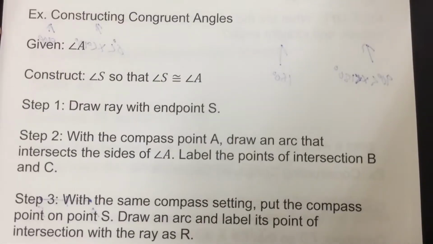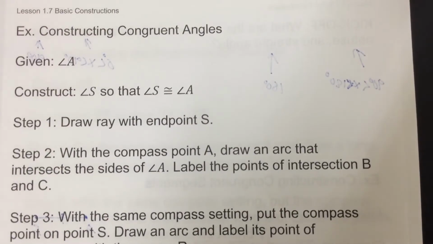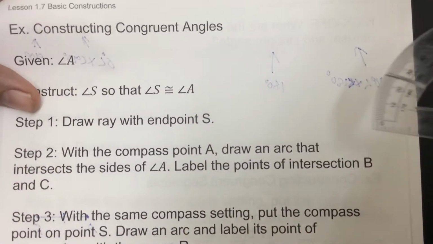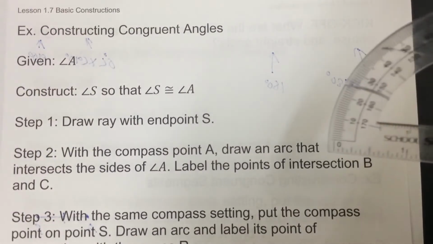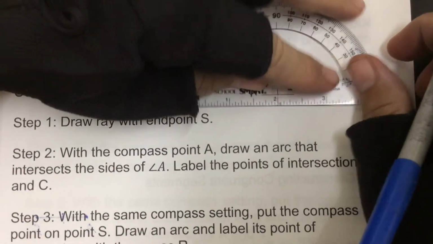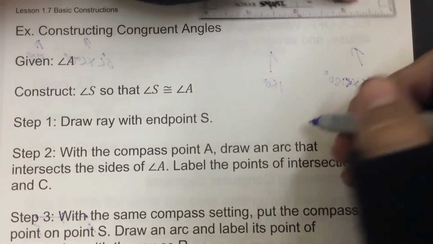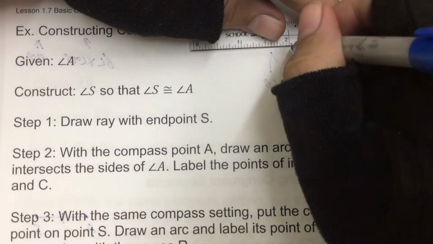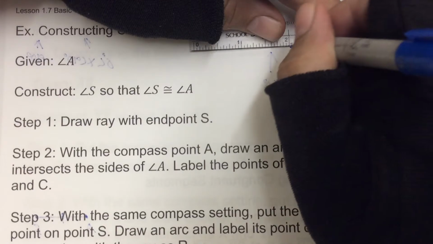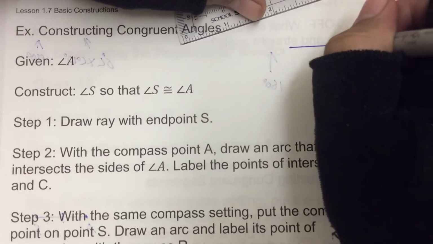Next, we're going to construct congruent angles. So we're going to start with an angle. Again, we would normally have our own angle here, but for this, we're going to draw it in just to start off with. We'll go about 1 inch and make a mark.